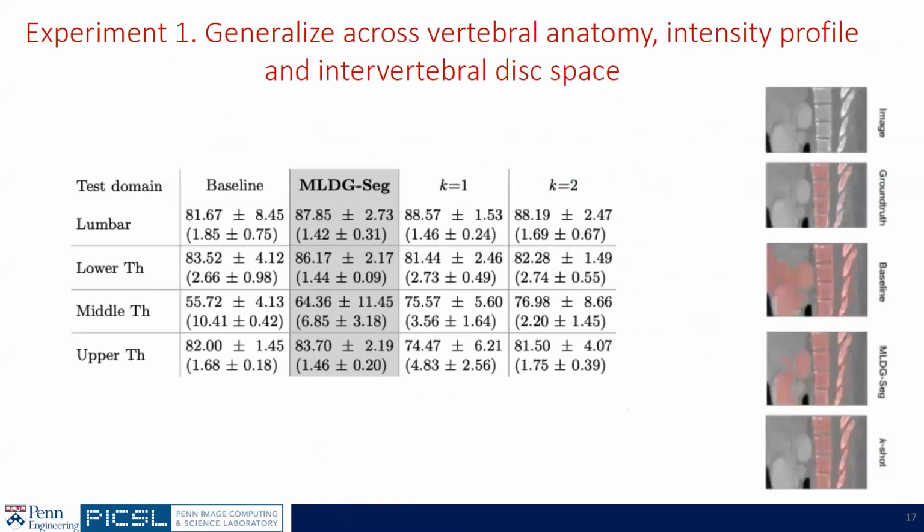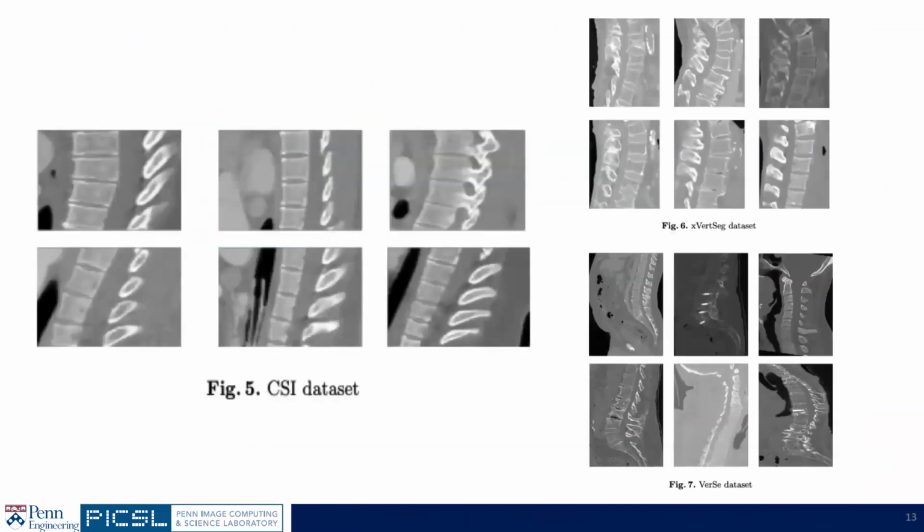So first I'll motivate examples of where it can be used. Imagine you're given a task of segmenting these vertebrae in CT, right? These are CT images of the entire human spinal column, going from cervical vertebrae all the way to the hip.